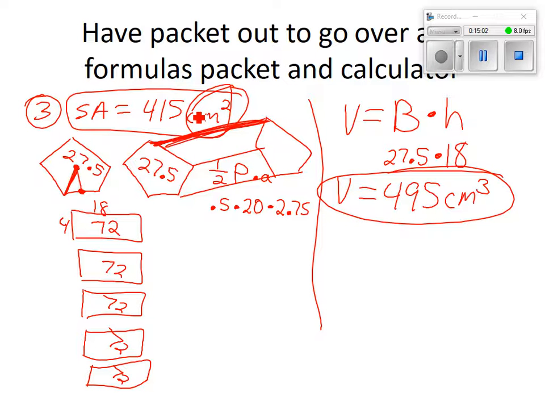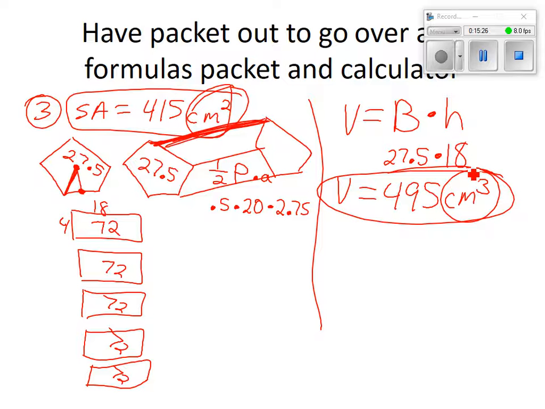For volume, centimeters cubed. You should be able to go down through your test and just write down all the units right off the bat and get all those points. That's almost all that's going to be on this test, so you should be able to get 50% at least, right?